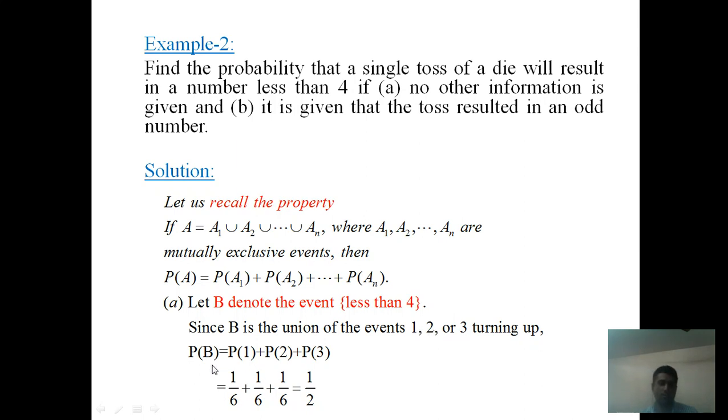So the probability of happening of event B is probability of 1 plus probability of 2 plus probability of 3, by using these results. Each outcome is independent and has a unique representation. So the probability of 1 is 1 by 6, similarly the probability of 2 is 1 by 6, plus the probability of 3 is 1 by 6. Simplification gives the probability of B as half.